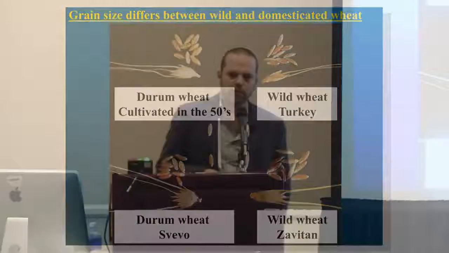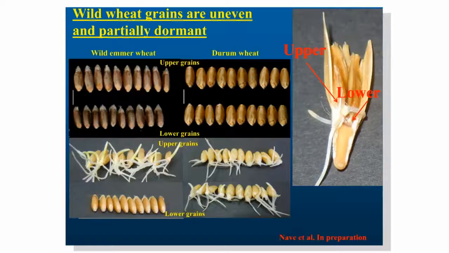And of course, as a geneticist, I'm interested to know what genes are responsible for this variation. And to date, none of the genes responsible for this natural allelic variation is known. So it's a valid biological question. And when you go deep into grain size between wild and domesticated wheat, there are interesting things going on.